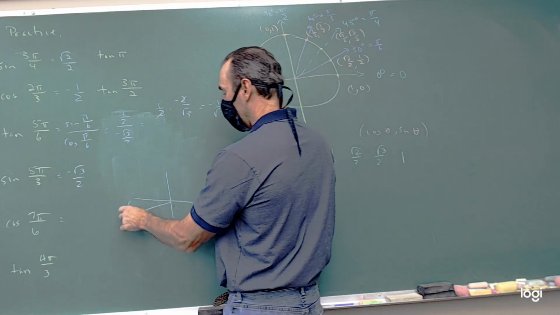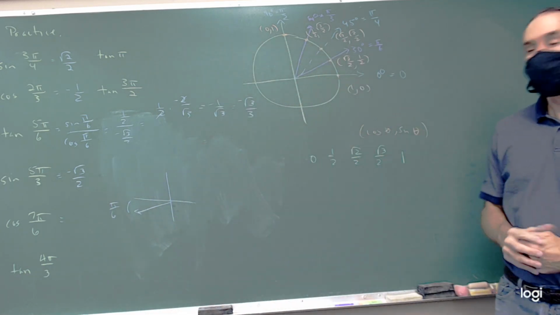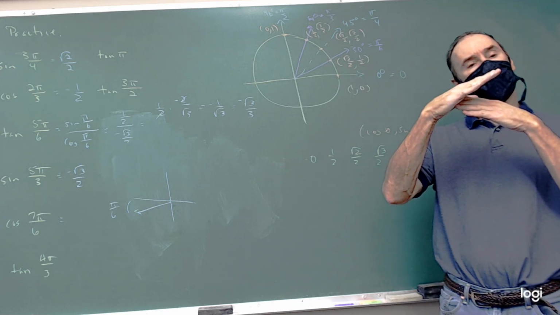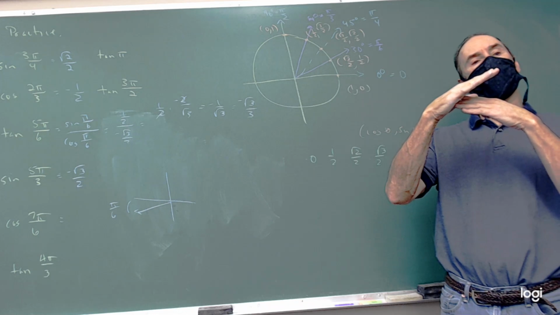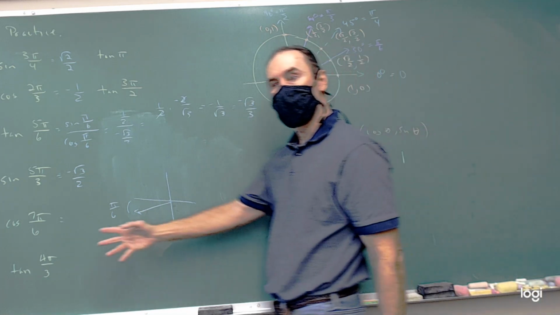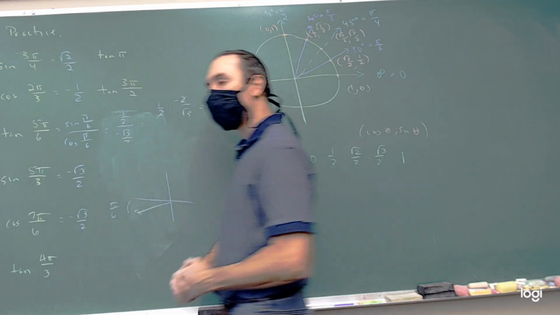Very good. So that's going to be our reference angle. That puts us into quadrant 1, and we know the cosine of pi over 6 is going to be, would it be negative the square root of 3 over 2? Exactly, negative because we're in quadrant 3, and cosine is negative there. Okay?